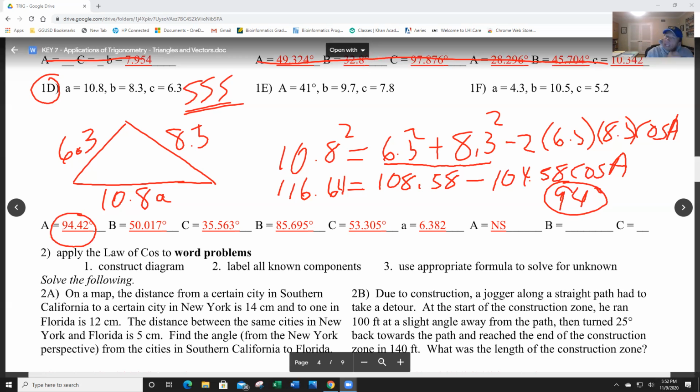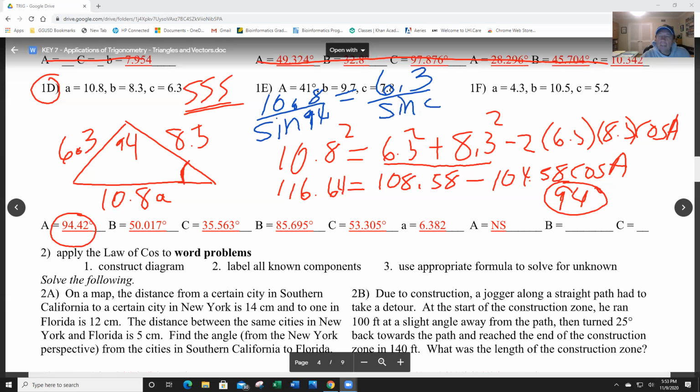Okay, now from here, we need to solve the other ones, so this is 94. And I always say solve with the sine, solve for the smallest one next. There's the smallest one right there. Okay? So let me try this different color here. So when you solve for the smallest one, you're going to go 10.8 over the sine of 94 equals 6.3 over the sine of C. Okay?